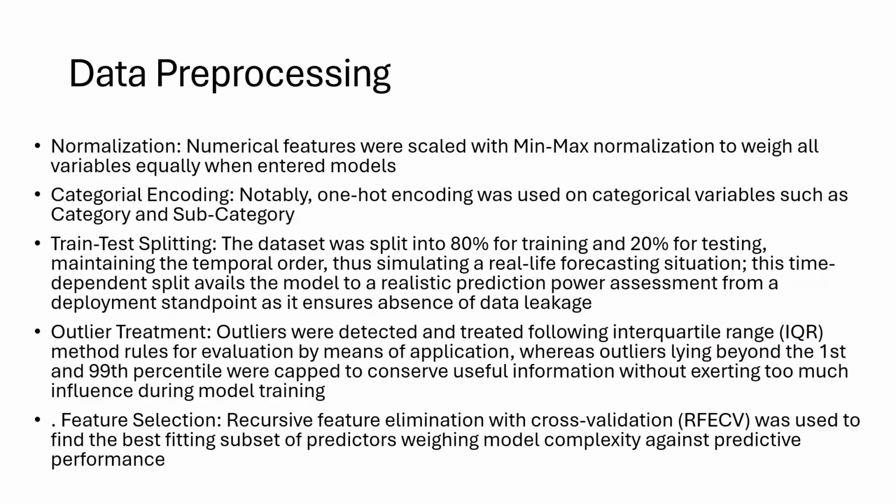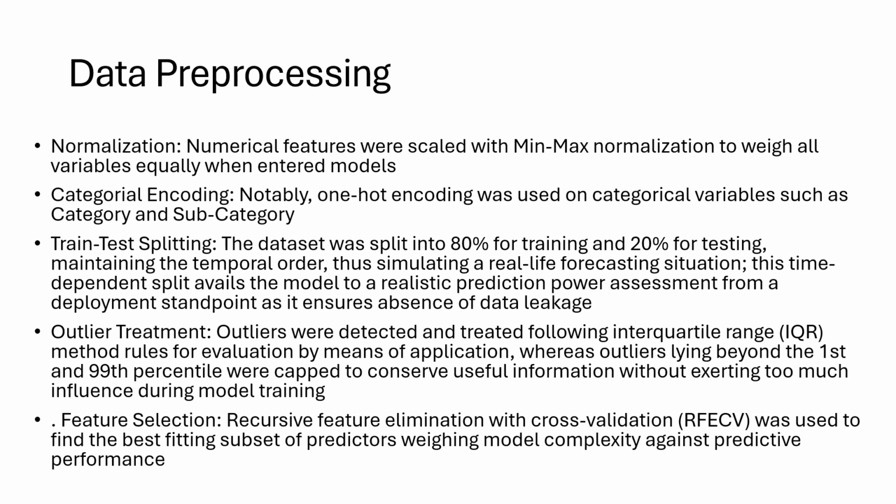The next step is data pre-processing. First is normalization. Numerical features were scaled with minimum and maximum normalization to weight all variables equally when entered into the models. Categorical encoding: one hot encoding was used on categorical variables such as category and subcategory.